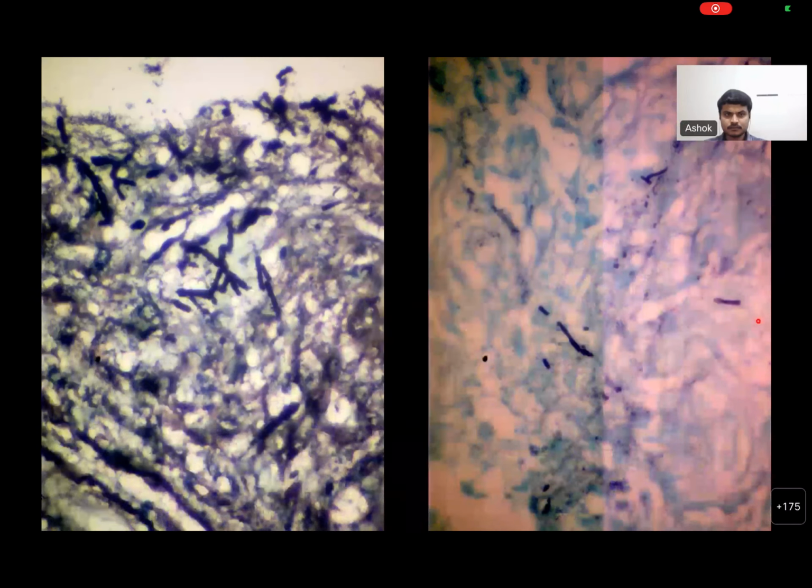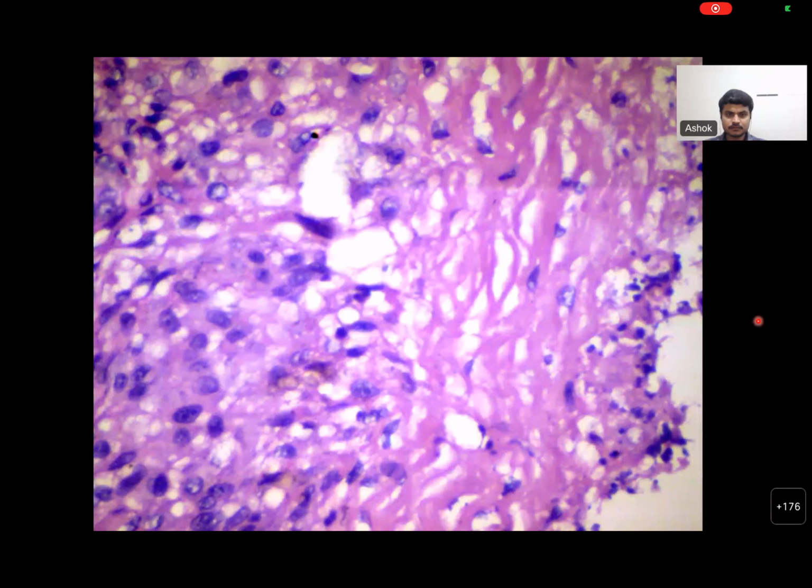Sir, this could be a case of rheumatoid arthritis due to the fibrin deposition and lymphoplasmacytic infiltrate. So it could be rheumatoid arthritis. So before that, would you want to carefully look at the slide, various parts of it, or do special stains?